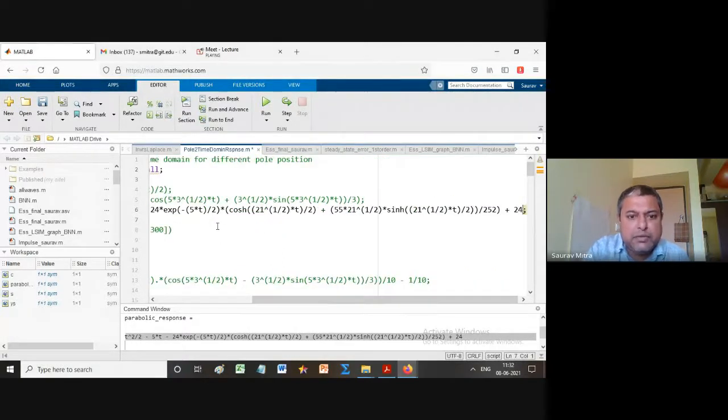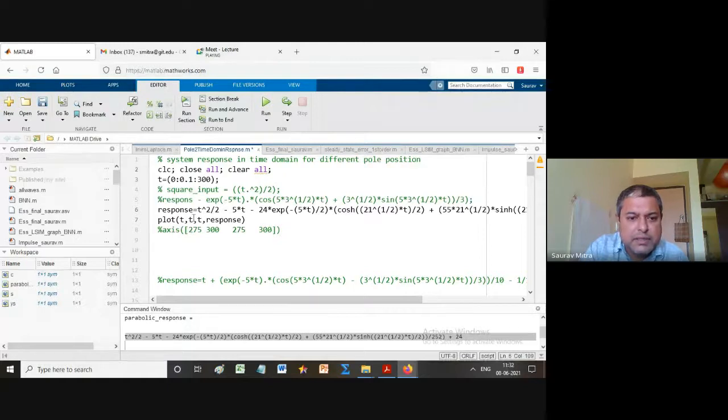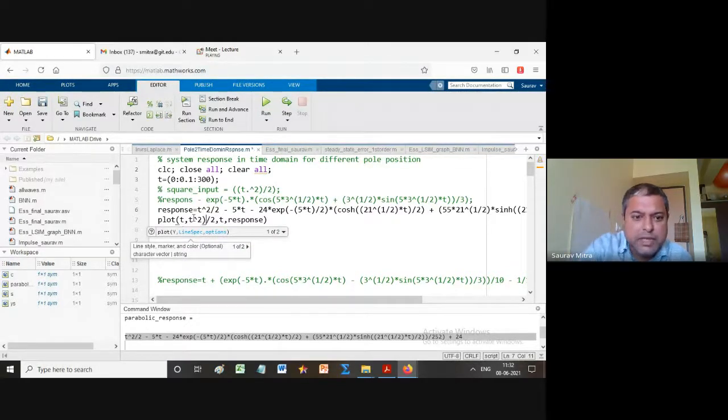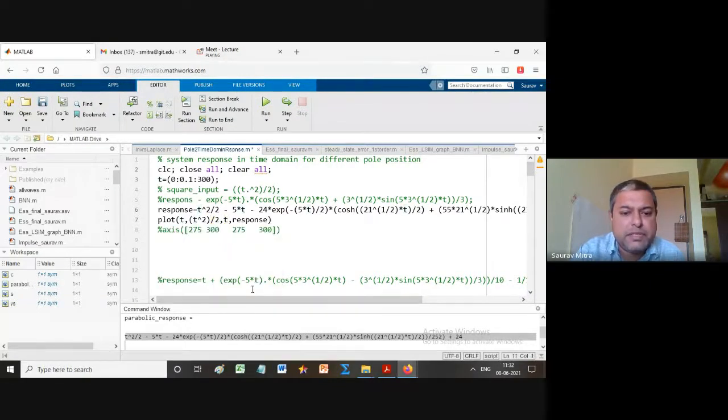We have to see what all things we can change. The first thing is that this has to be made t square by 2. This is the first change we have to make in the output, because there will be a blue curve which is the parabolic response. Now here you find there is a t square term in the response, which means the response is also becoming a square.